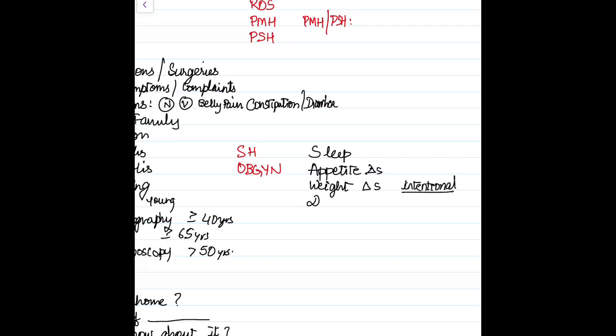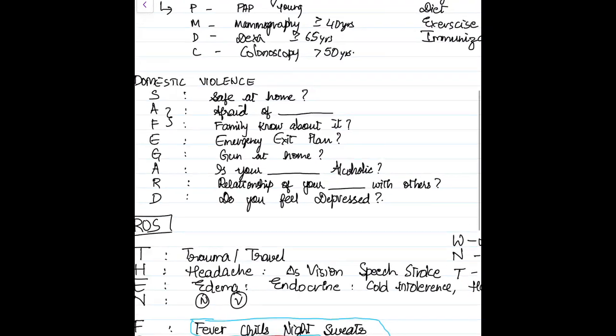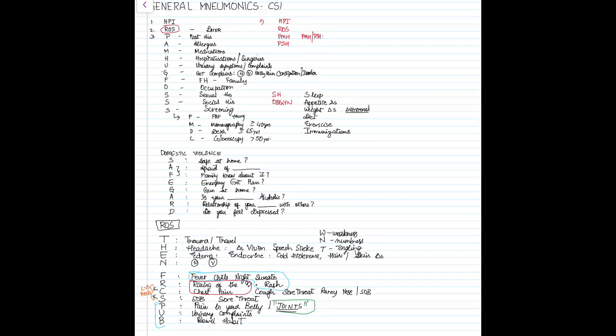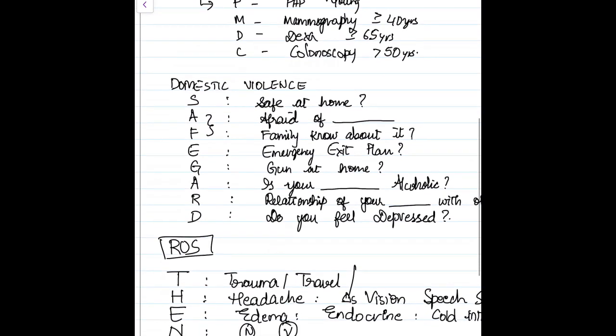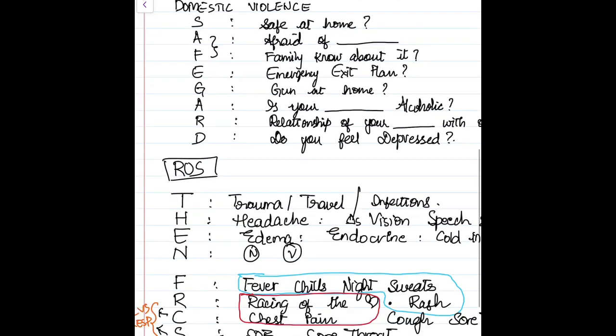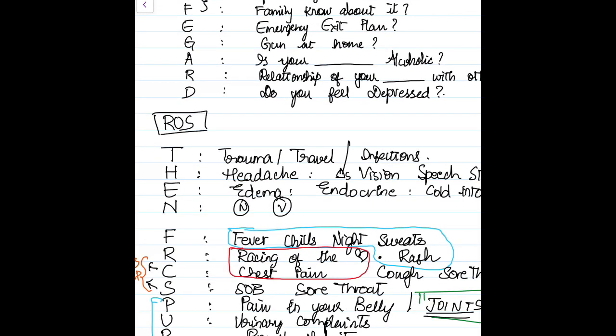And then you ask diet, exercise. And if it's a young patient, you take immunizations. Okay? You can also ask here for infections. So that's it, guys. This is the mnemonic.